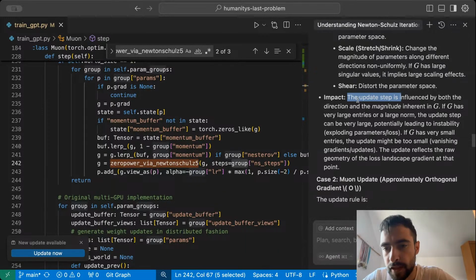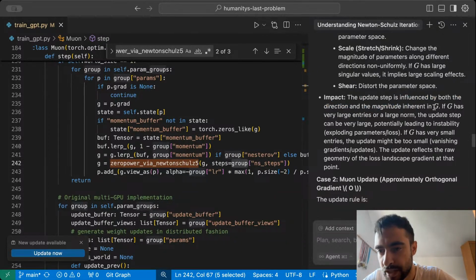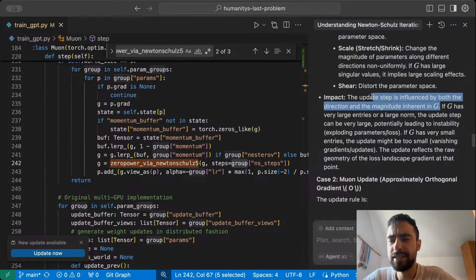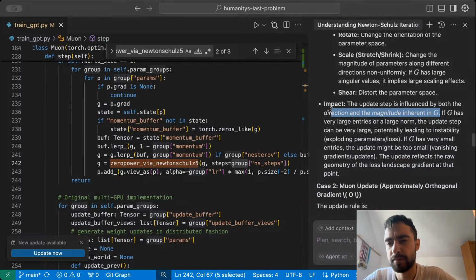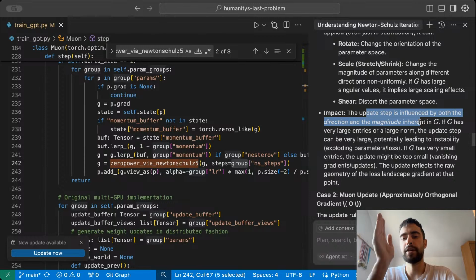Impact. The update step is influenced by both direction and magnitude inherent in G. So it's going to change direction and can increase the magnitude of the vector.